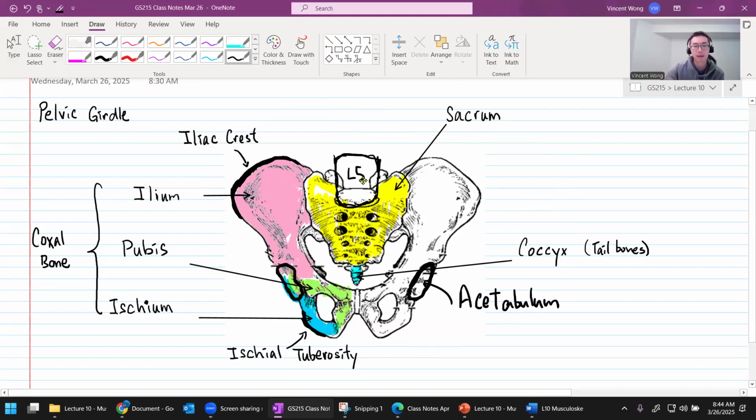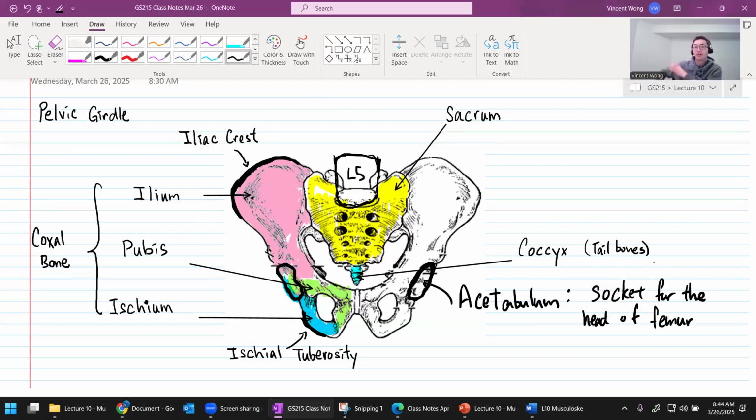So this is the acetabulum, which is the socket for the head of the femur. Femur is your thigh bone. Just like the shoulder, you have the humerus fitting into the scapula to form a ball and socket joint.